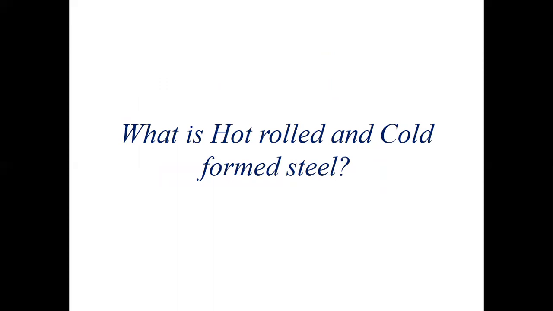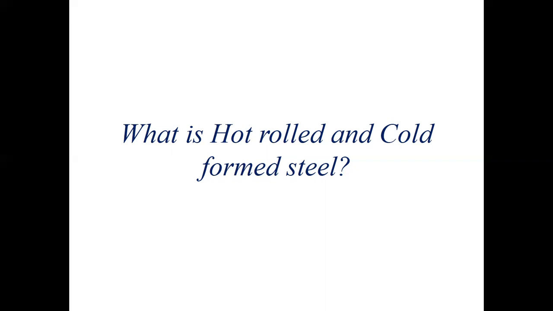In hot rolled steel, they heat the steel at 700 degrees Celsius, and then it is cast into the required shapes. In the previous slide itself, we discussed that it has a variety of shapes like L shape, I section, angle section, and all possible. So whatever shape is required, according to that shape, we will be molding that hot steel, and then the temperature will be decreased to room temperature.